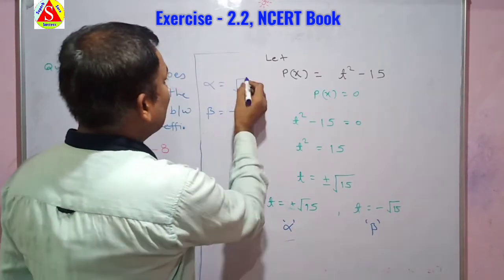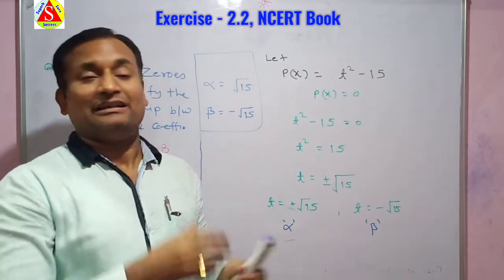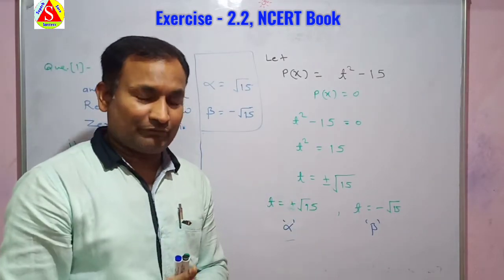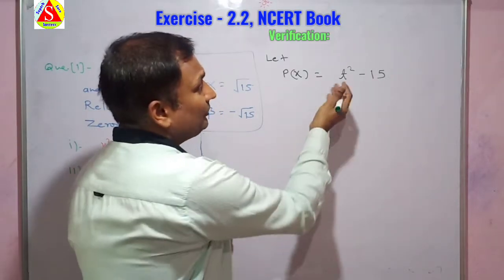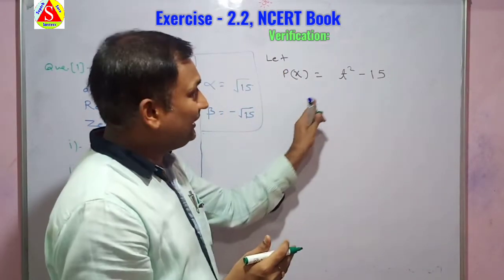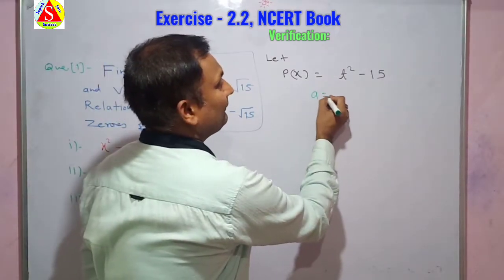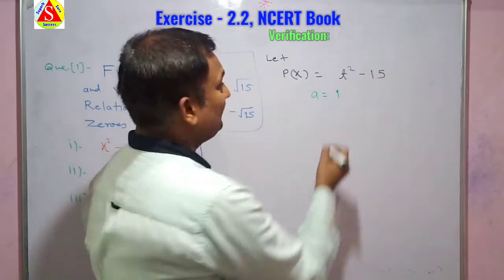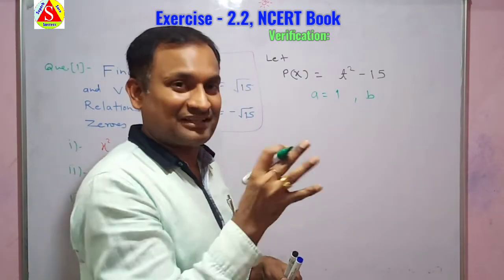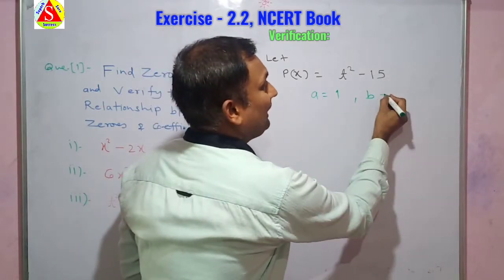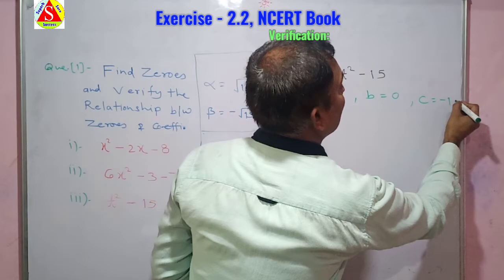Okay, dear students, after this we have to verify the relation. For that we need the coefficient values. Students, let's find the coefficient values by comparing with the standard equation. After comparing, we will have a is equal to 1, and because there is no t term or x term, we will have b is equal to 0 and c is equal to minus 15.